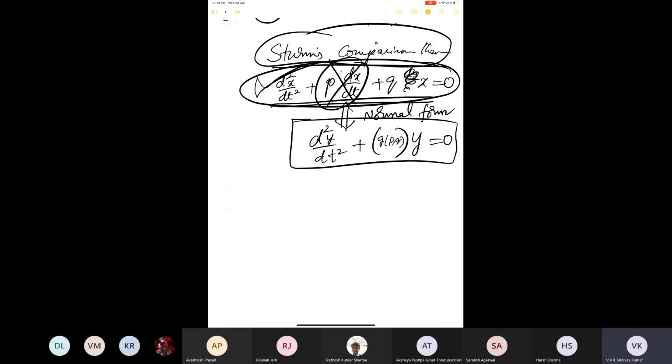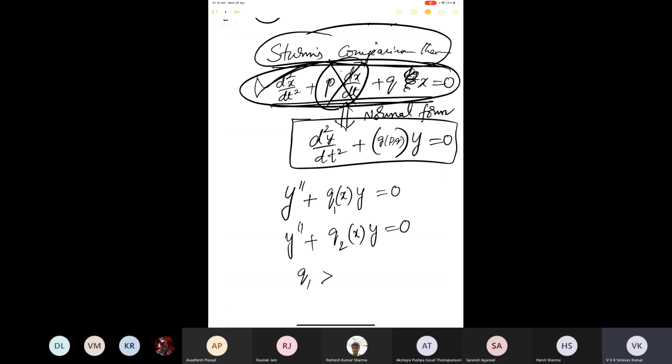After reducing to the normal form, we can compare. So we have y double prime plus q1(x) y is equal to 0, and another equation y double prime plus q2(x) y is equal to 0.